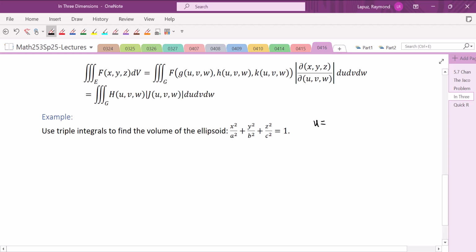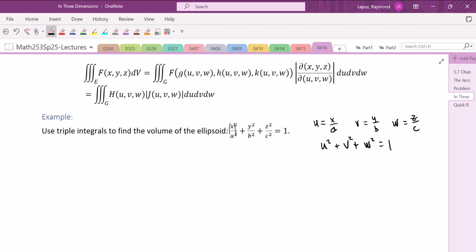So I'm going to say U is going to equal X over A. V is going to equal Y over B. And W is going to equal Z over C. Now, by making this substitution, the change of variable, you're replacing X over A with U, you're replacing Y over B with V, and you're replacing Z over C with W. So if you do that replacement, your UVW is going to be a perfect sphere.